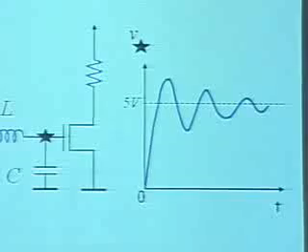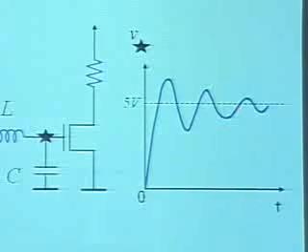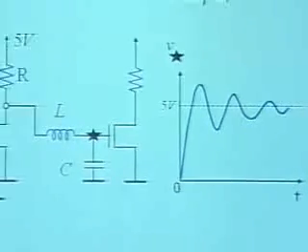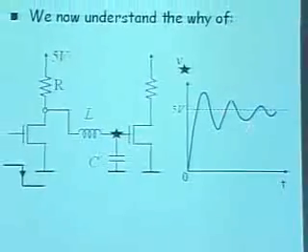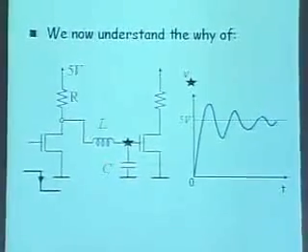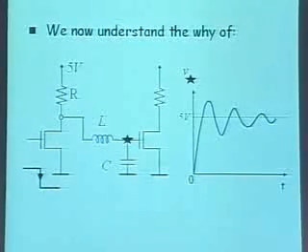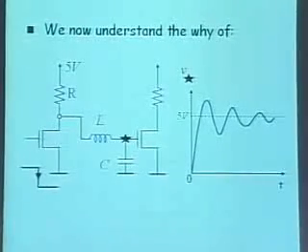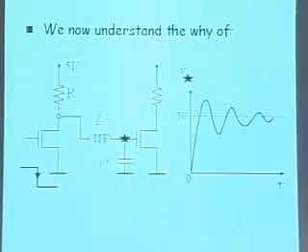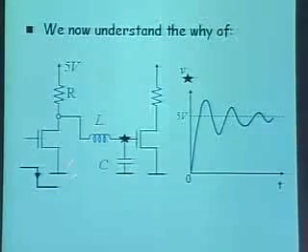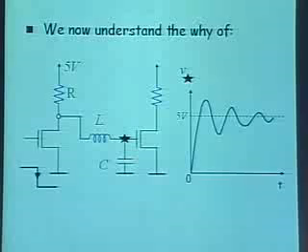I also gave you some insight as to why it oscillates like this. You also heard in recitation that the reason for this oscillation was because of these two storage elements. Each of these storage elements tries to hold on to its state variable. For example, the capacitor tries to maintain its voltage, while the inductor tries to maintain its current.